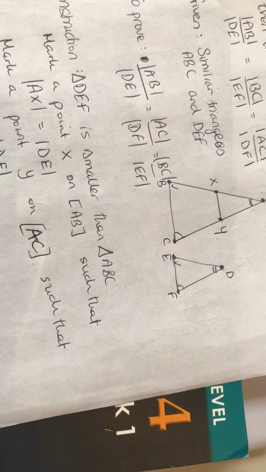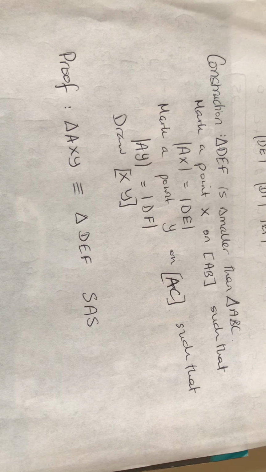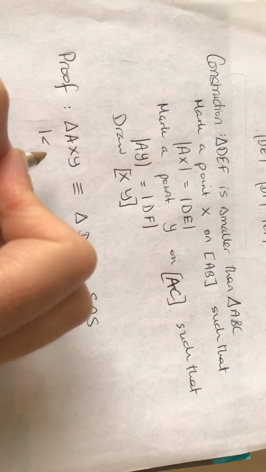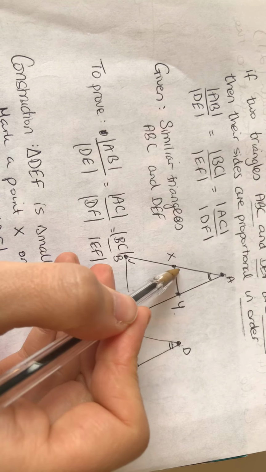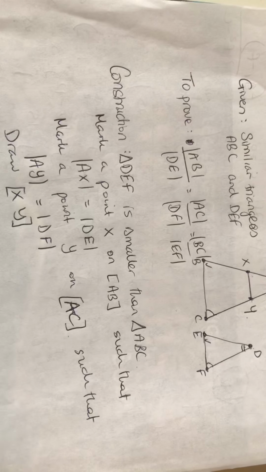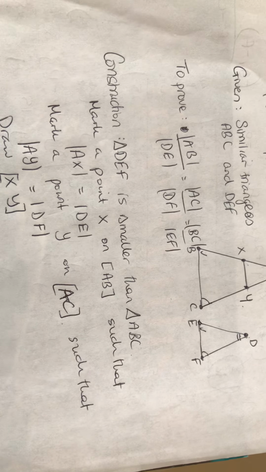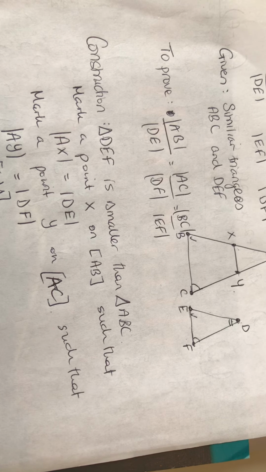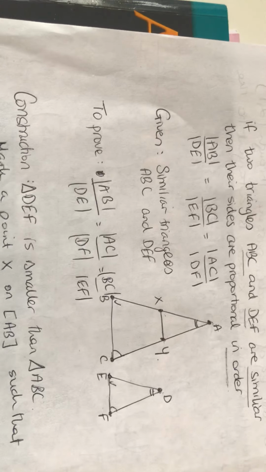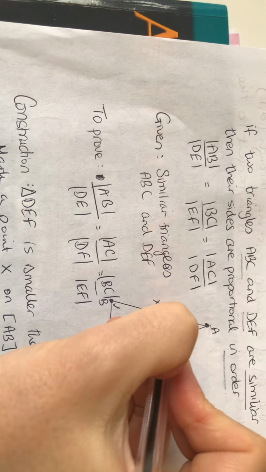So I'm just going to go for angle, side, angle there. No, side, angle, side, sorry. Right, so then that means that the angle AXY, the one that's here, is equal to the angle ABC. So those two are the same.